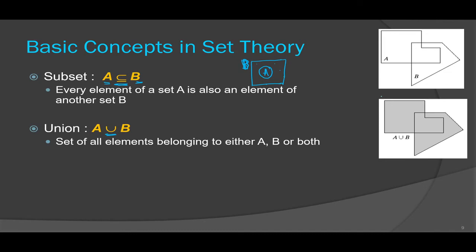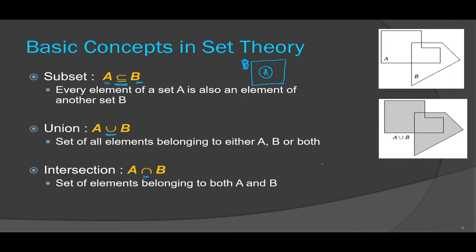Let us proceed with intersection. It is denoted with this notation, A intersection B, and in terms of images, how can we interpret it? A intersection B is the set of elements belonging to both A and B. Whichever elements are common to sets A and B will form the intersection of these two sets.